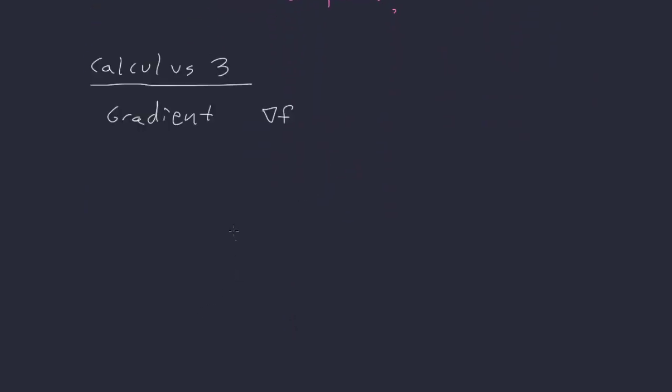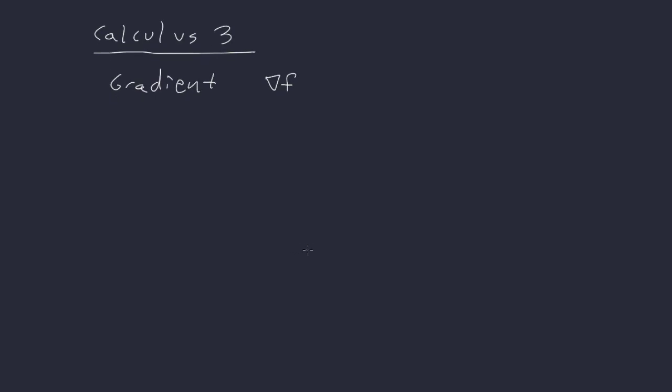Now you might wonder how that works exactly, because the gradient tells us the direction of steepest ascent, and it helps us find directional derivatives. How exactly does it help us find critical points?